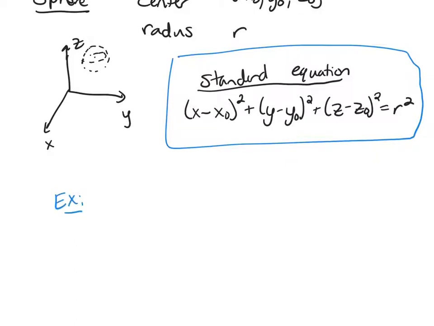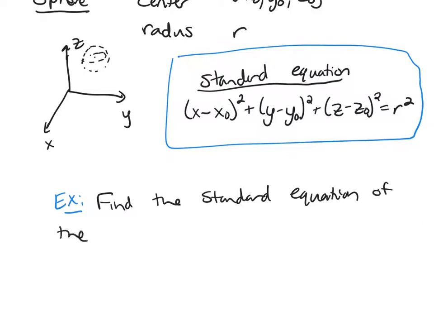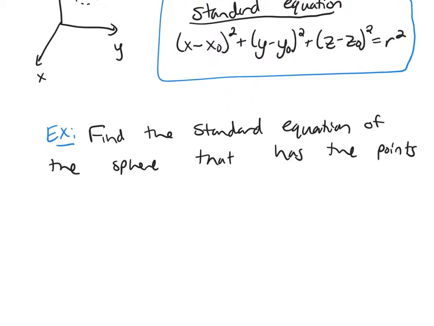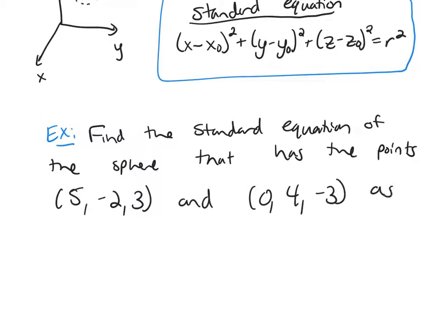We're going to find the standard equation of the sphere that has the points (5, -2, 3) and (0, 4, -3) as endpoints of a diameter.